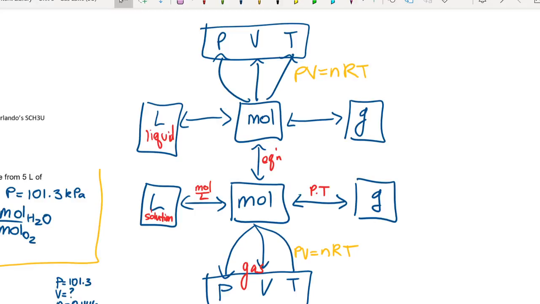So if you go back, 1 mole equals some number of grams. Why do you have 2 moles? Yeah, so it should be 1 mole. It should be 2 moles.